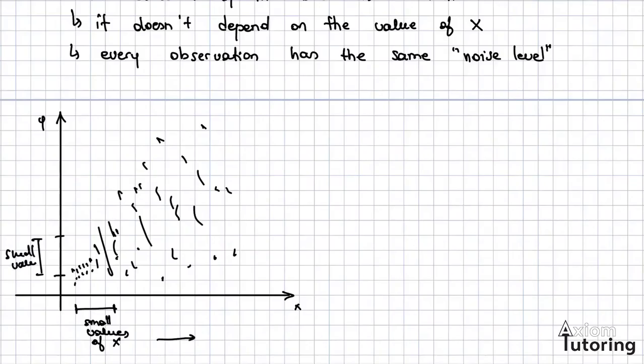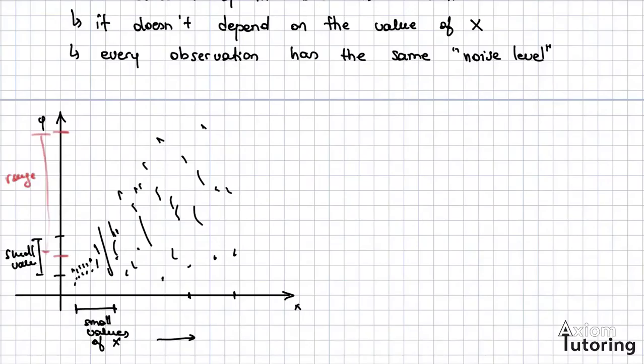However, as your x increases, the variation in the values that you see for your y increases, because now look, the range for your y values goes from here to here. So this is the new range. As you can see, we are looking at a cloud that spreads, and it's not the same everywhere. It's tighter and then it fans out.